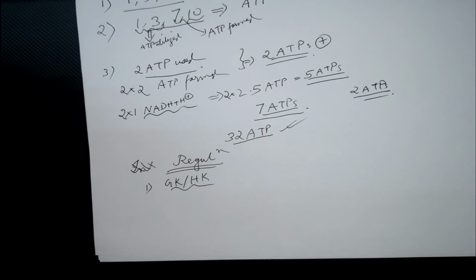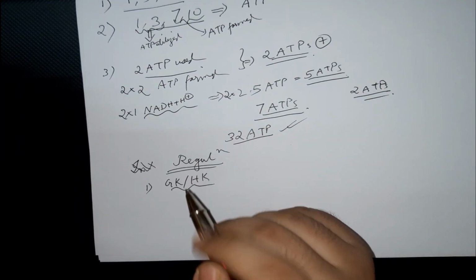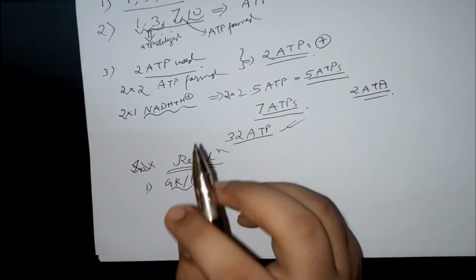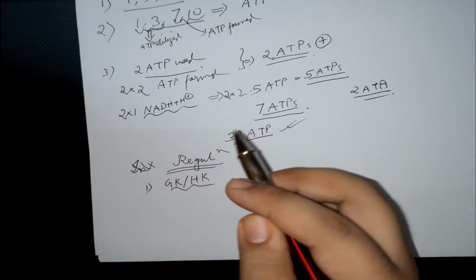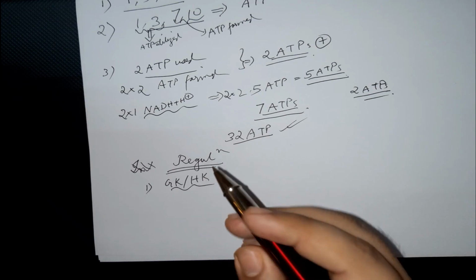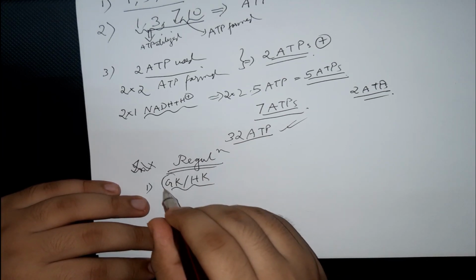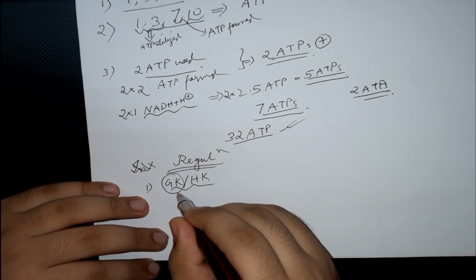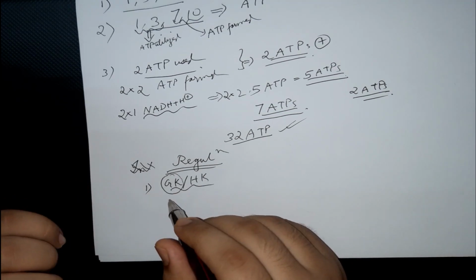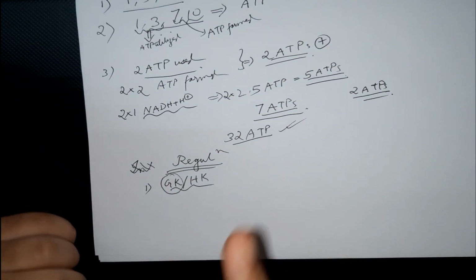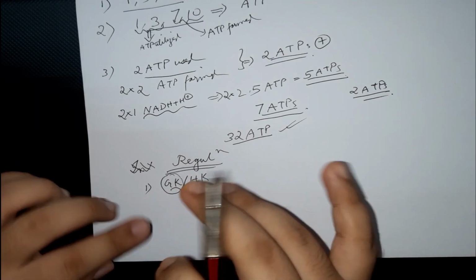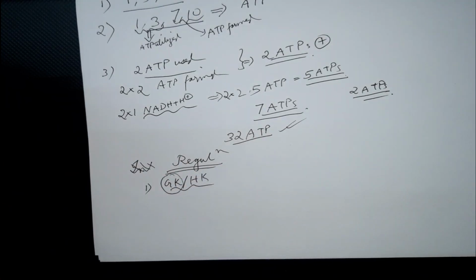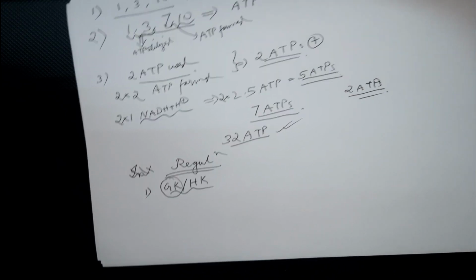I have already mentioned that hexokinase is only inhibited by its product, glucose 6 phosphate, whereas glucokinase is inhibited by glucagon and activated or induced by insulin. And obviously how and why that happens, I've also mentioned that, right?